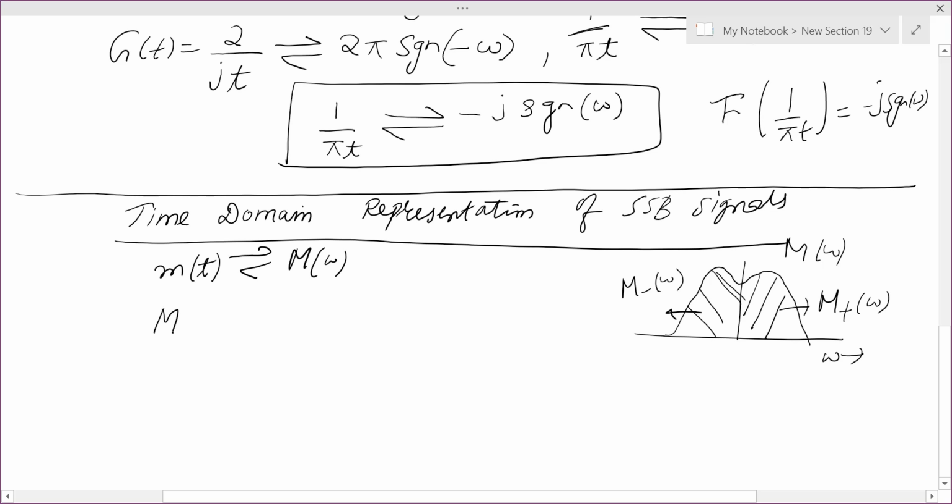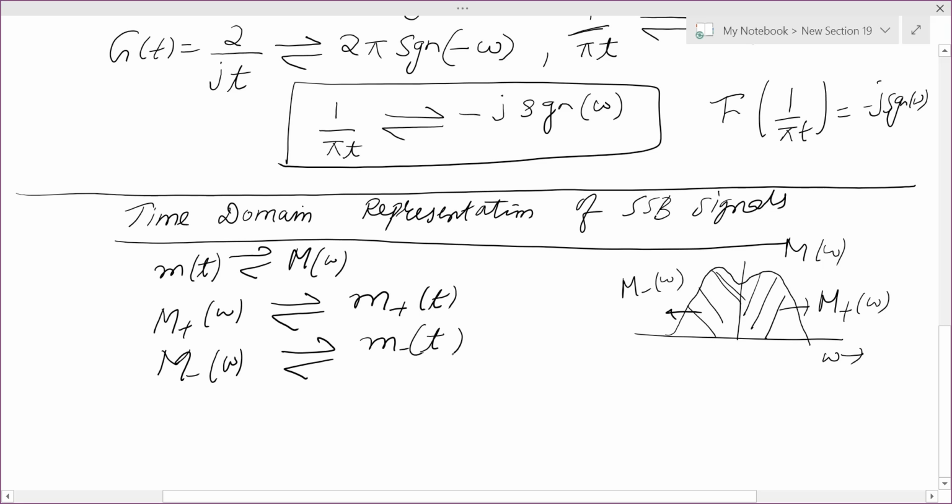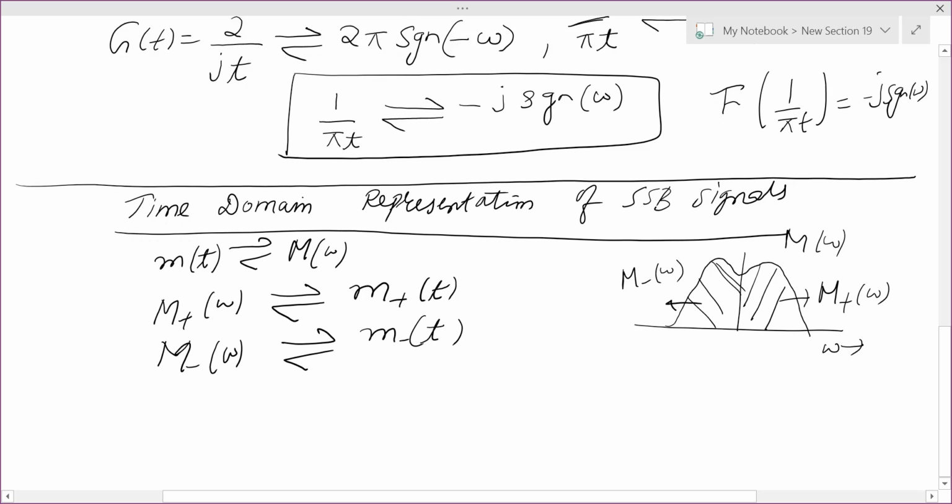So M plus of omega will have some corresponding time signal m plus of t. Similarly, M minus of omega will have some corresponding time signal m minus of t.